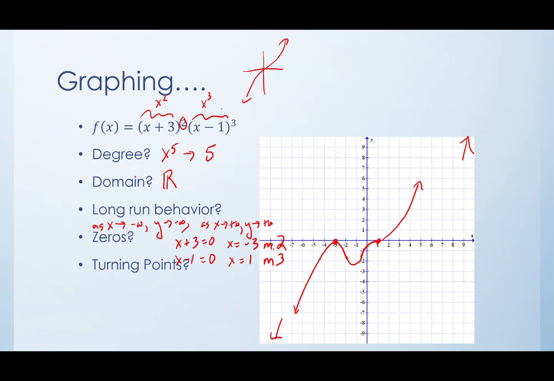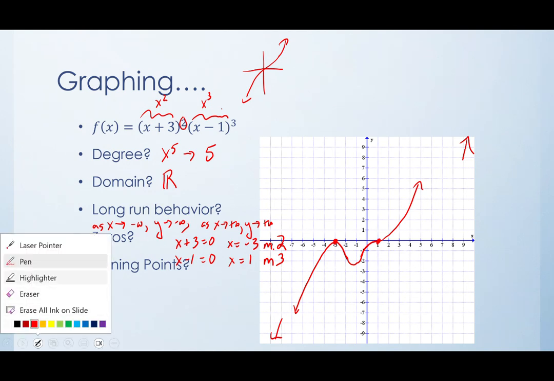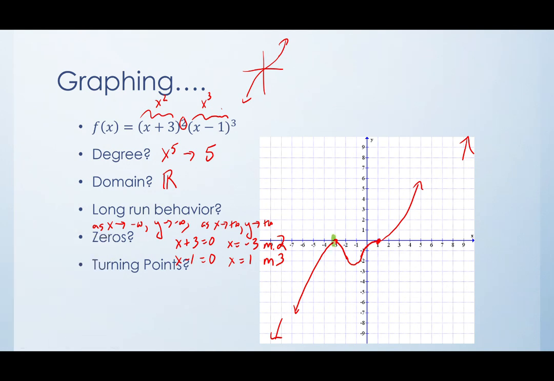Okay, so turning points on this one, we actually only have 2, right? There's a turning point here, and there's some sort of turning point there. There's a minimum there, maximum at negative 3. So we had a max of 4, but we actually only have 2 turning points.